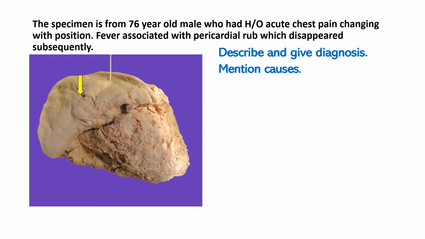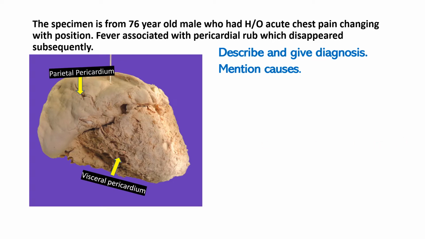Now this is the specimen of the heart, and here you see that this is the parietal pericardium. This is put off and stretched upwards, and the other one is the visceral pericardium. If you observe the surface of the visceral pericardium, there is a rough, shaggy, thin, shredded like surface, right?